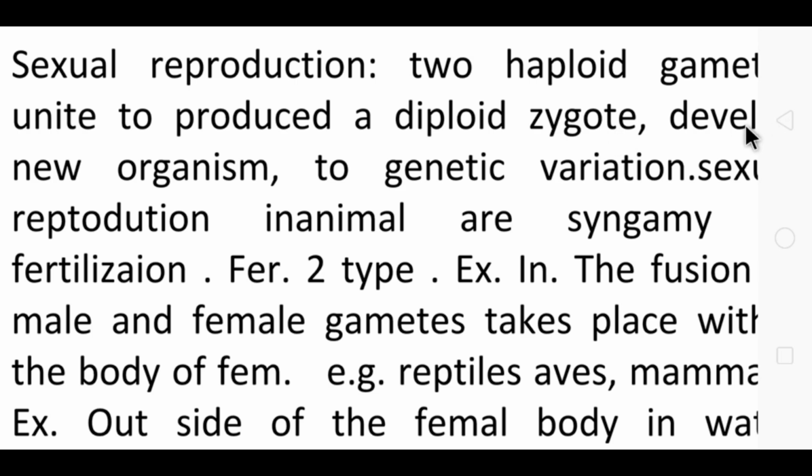That means the diploid zygote goes through meiosis division, then develops into a new organism. Second, genetic variation. Whenever we get genetic variation, the zygote goes through meiosis division, then only we get the genetic variation, right?